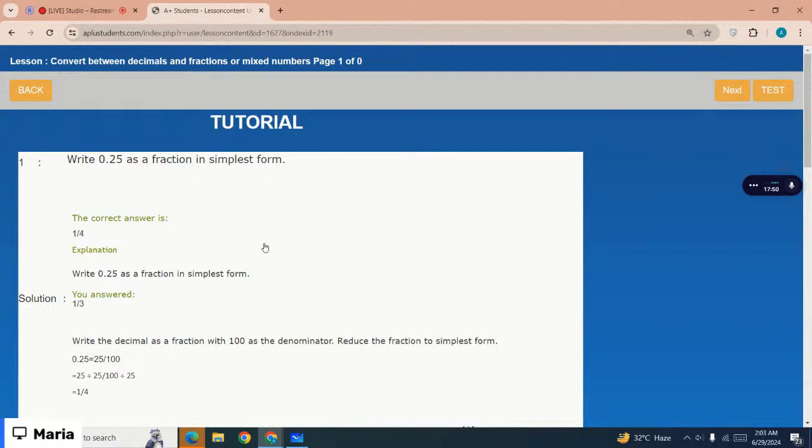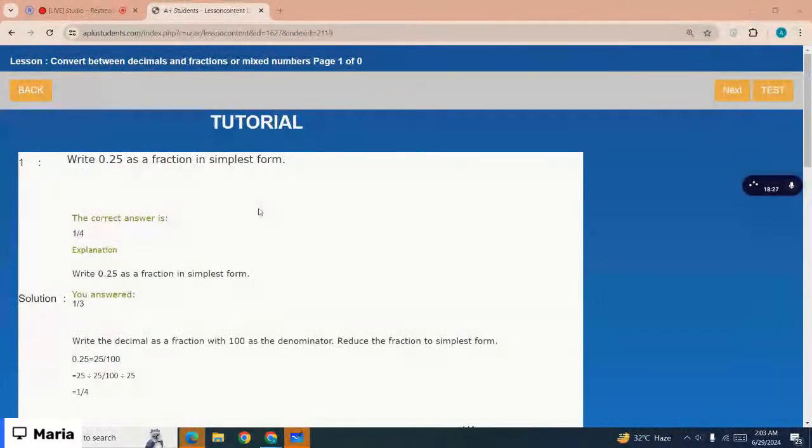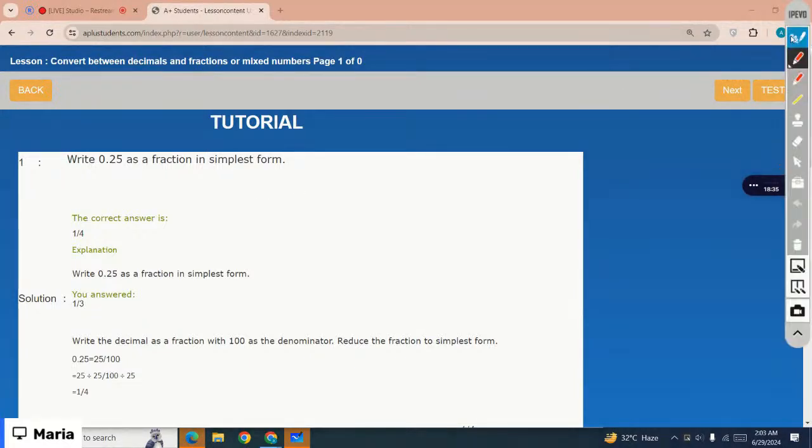Okay, so first thing is you have to remove the decimal point. Okay, so that is zero point.